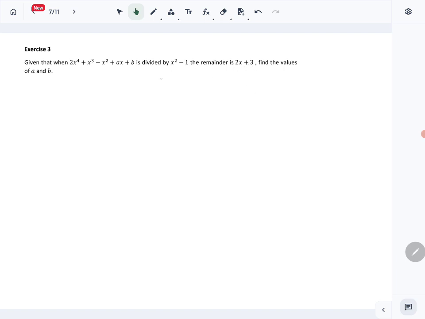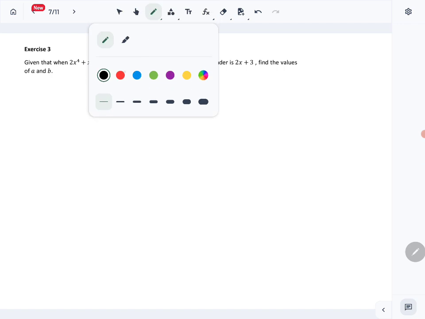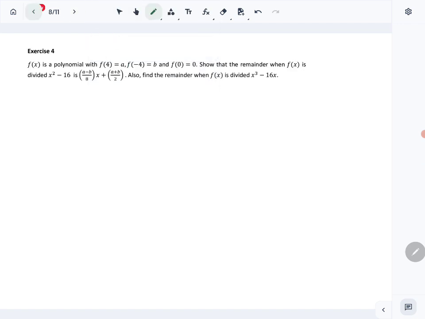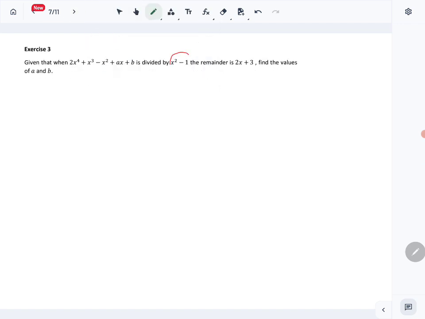Right, can we use remainder theorem or factor theorem here? What is our divisor? Look at the divisor. Is it linear? Our divisor is x squared minus 1, so it is not linear.